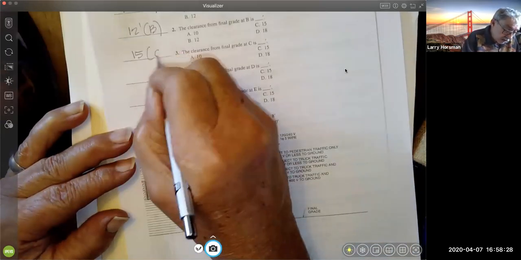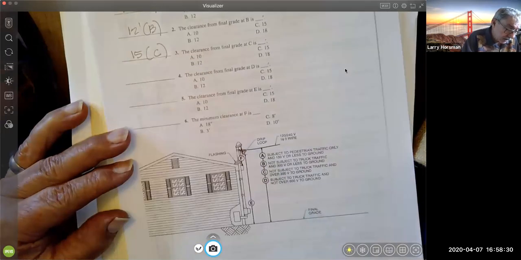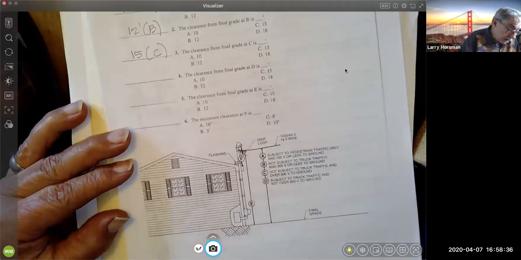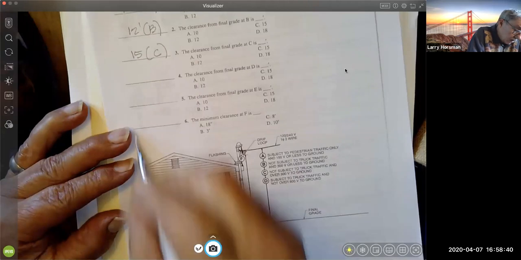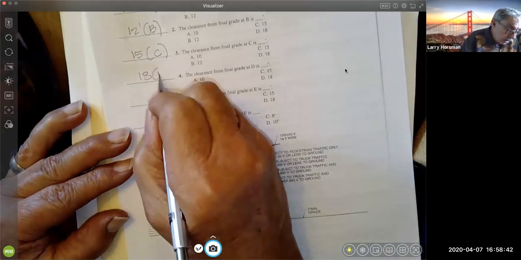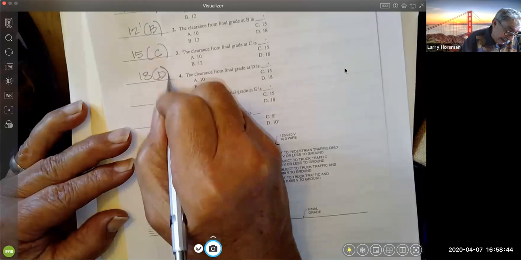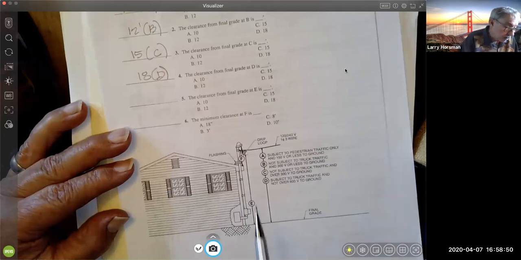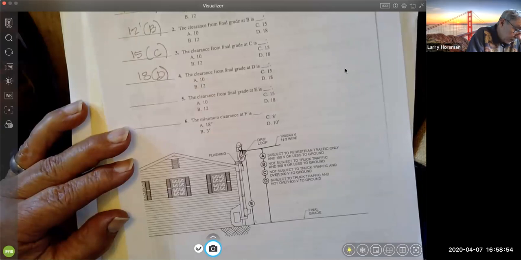Clearance from final grade at D. So D, subject to truck traffic and not over 600 volts to ground. That would be 18. D. Clearance from final grade at E, which is from the drip loops to the ground, is 10 feet. That's A.